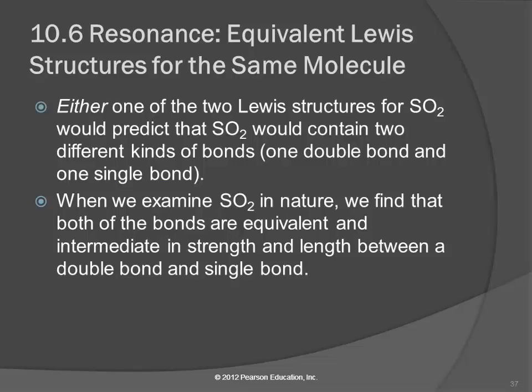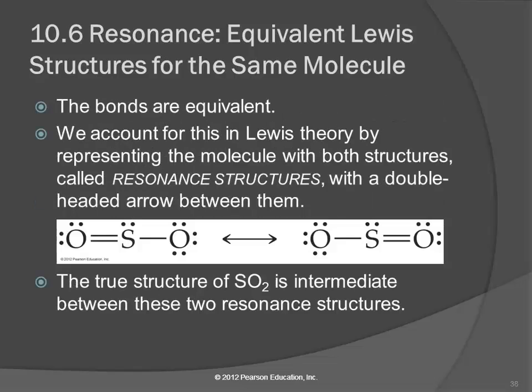In the actual SO2 molecule, the bond between the sulfur and one oxygen and the bond between the sulfur and the other oxygen are the same. There's not one that's a double bond and one that's a single bond. So it's intermediate between. The bonds are equivalent.